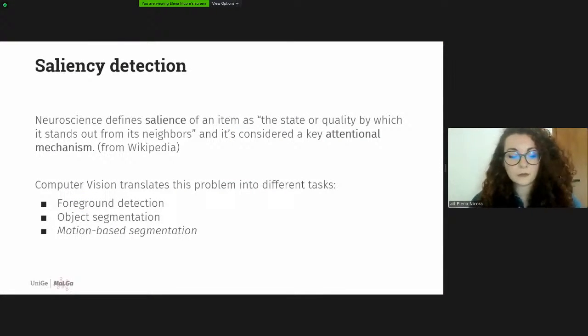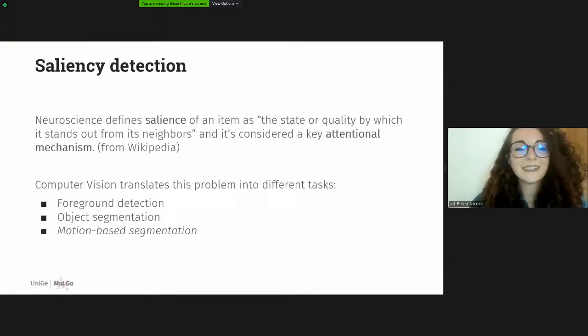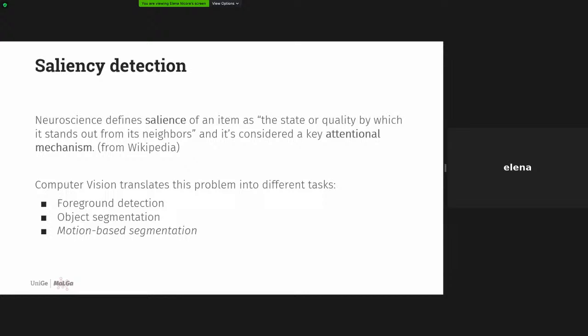Biological perceptive systems are able to understand a lot of visual information all at once because they have the ability to concentrate on a specific area or a specific object of the scene.